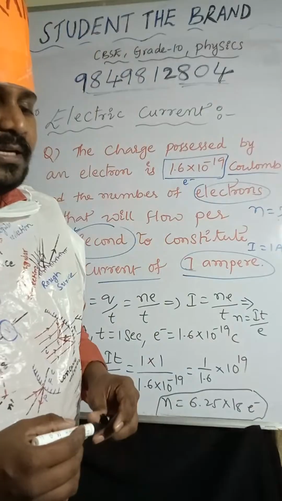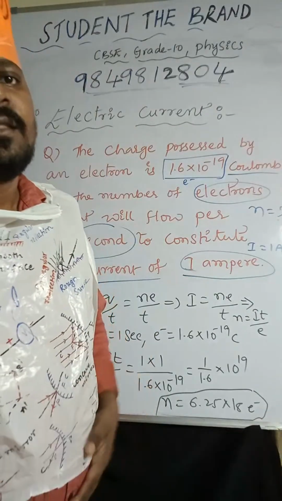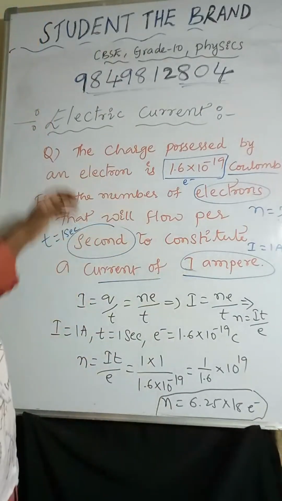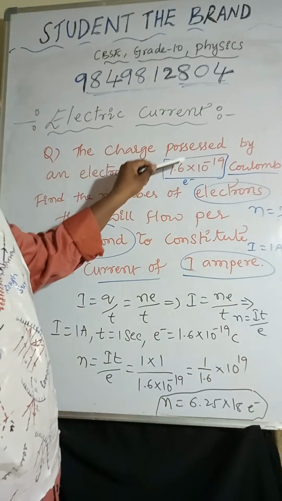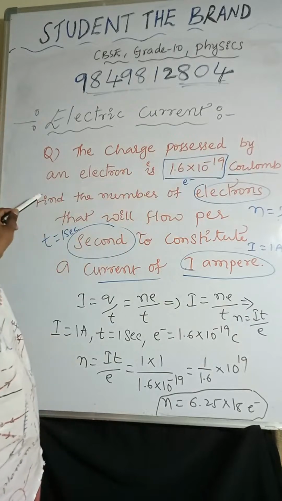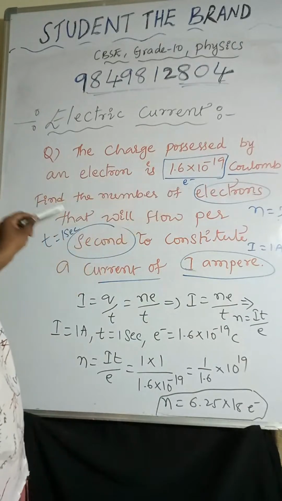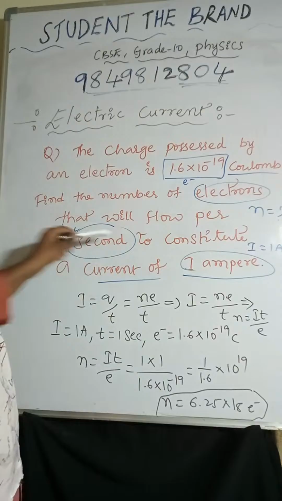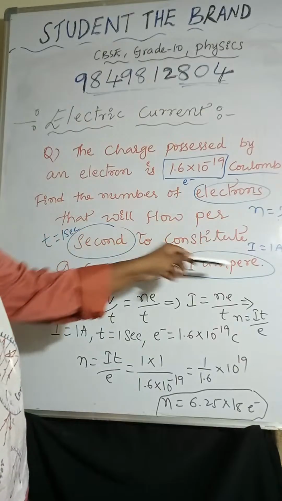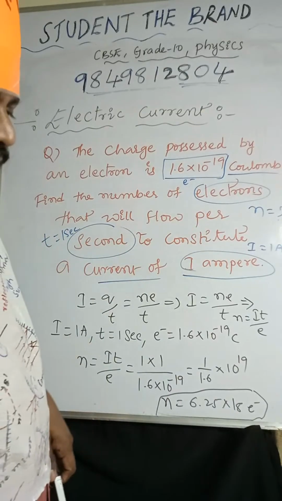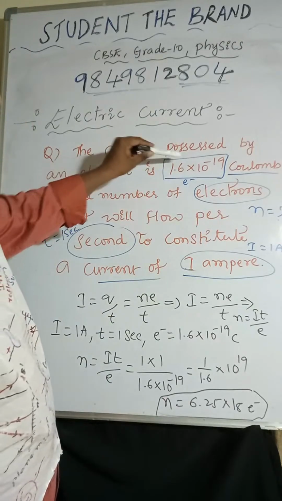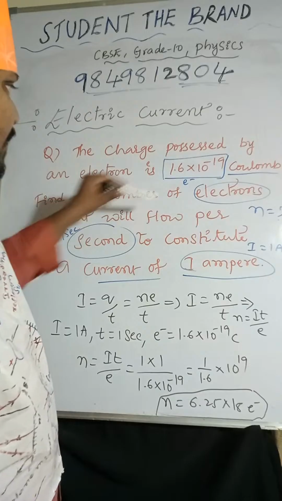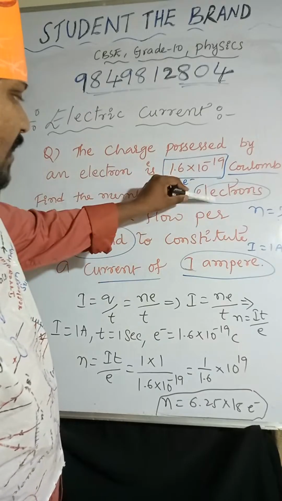So I hope it is very clear to you all. Understood? Once again, check here. The charge possessed by an electron is 1.6 into 10 power minus 19 coulomb. Find the number of electrons that will flow per second to constitute a current of 1 ampere. Here the charge on an electron and the time are given, and we have to find the electrons.